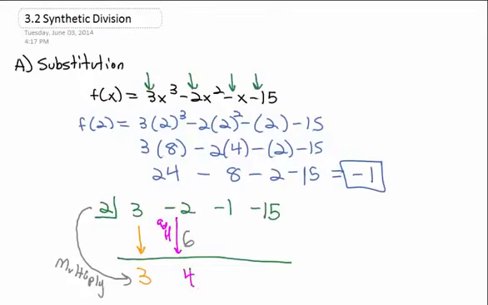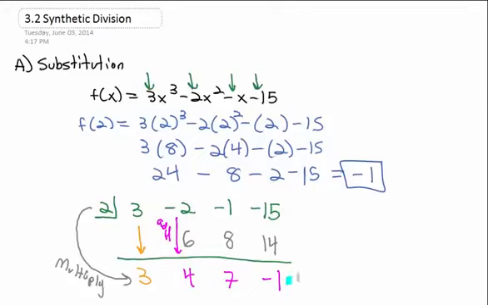Negative 2 plus 6 is 4. And then we repeat this process. We're going to multiply. 2 times the 4 is 8. And when we add, negative 1 plus 8 is 7. And then we multiply 2 times the 7, we get 14. And when we add negative 15 plus 14, we get negative 1.